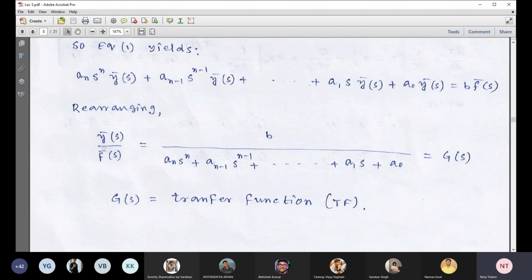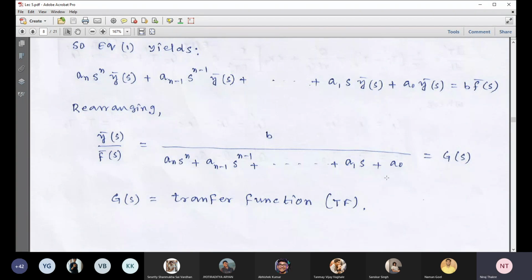So we will accordingly make some change in this f bar s in the Laplace domain. Then we will take the inverse Laplace transform to find the y.